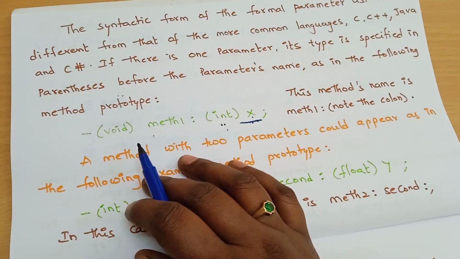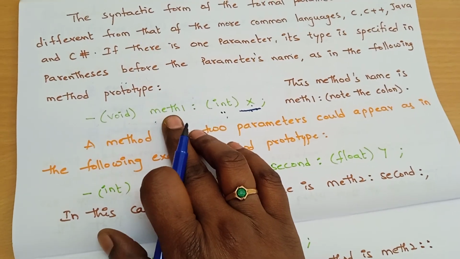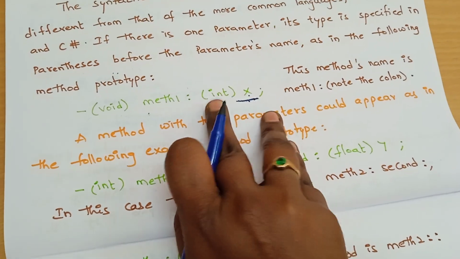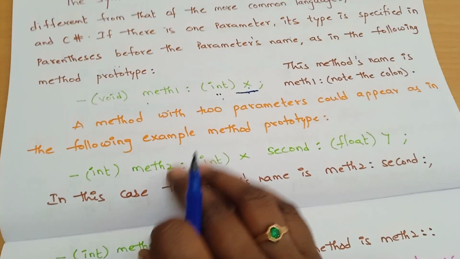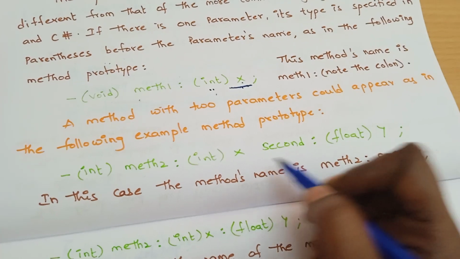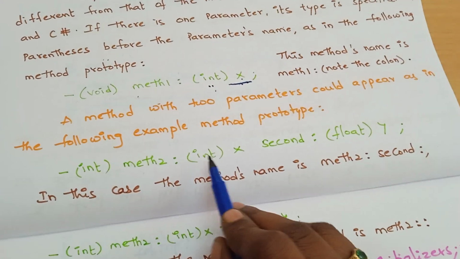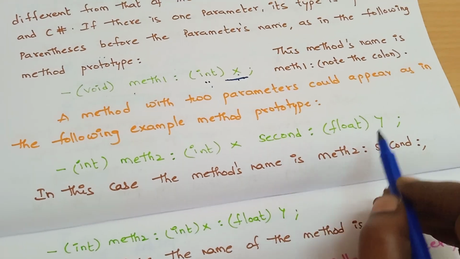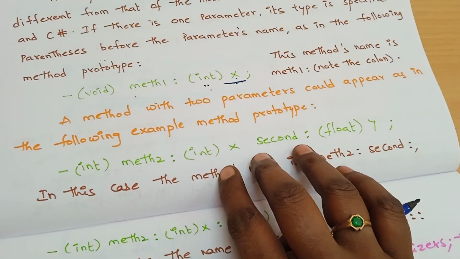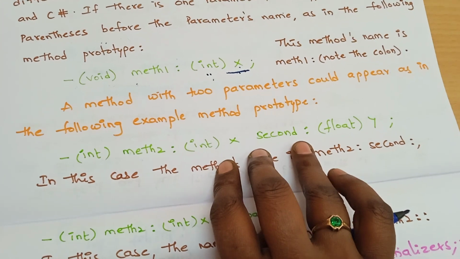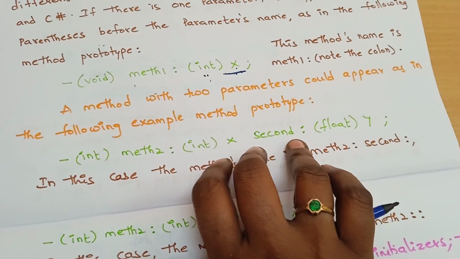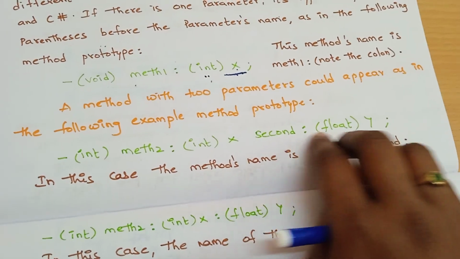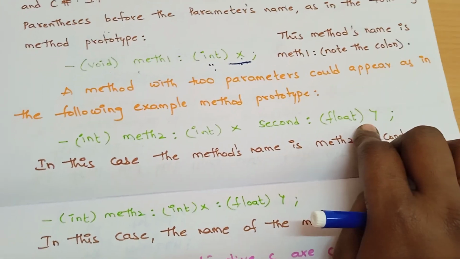Here the method name is method1, the method return type is void, and the parameter type is integer. When I want to take two parameters, say method2 with int x, and a second method with float y, this statement shows that I am creating a method2 with one parameter, and a second method with one parameter, float y.